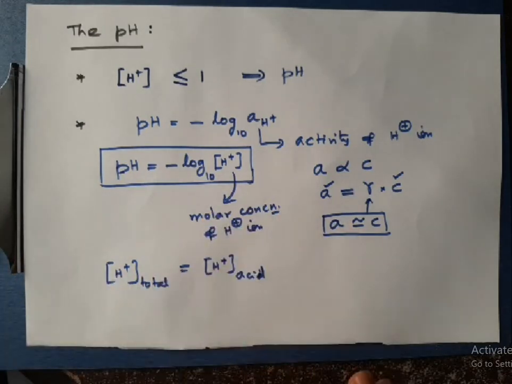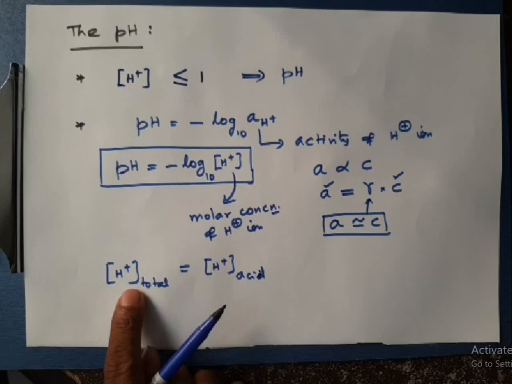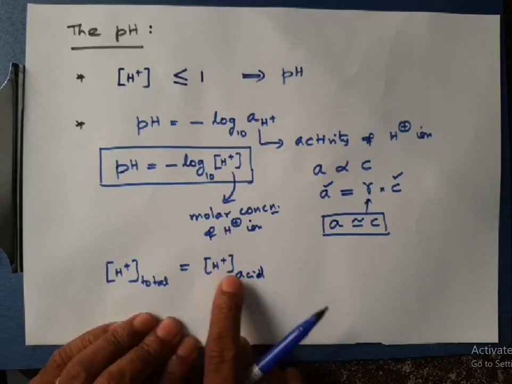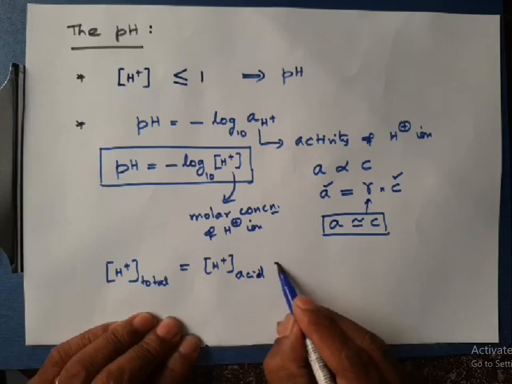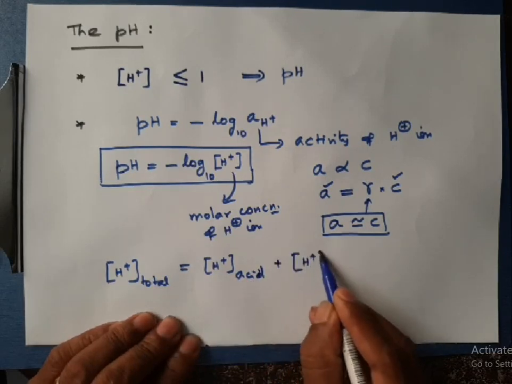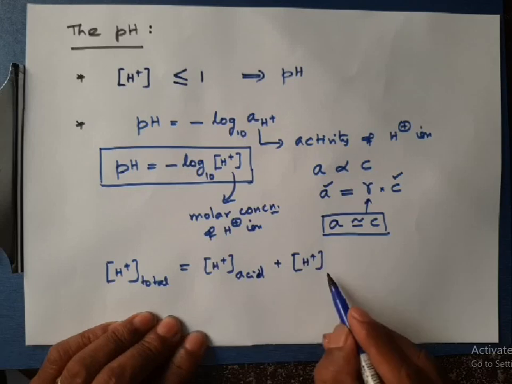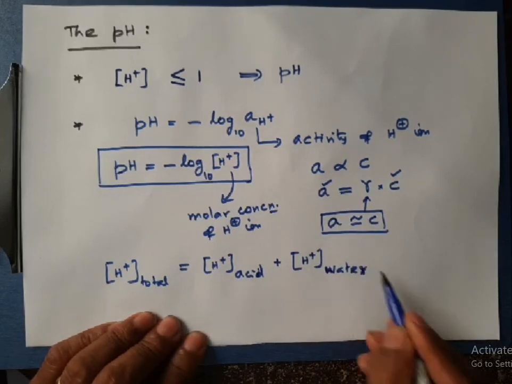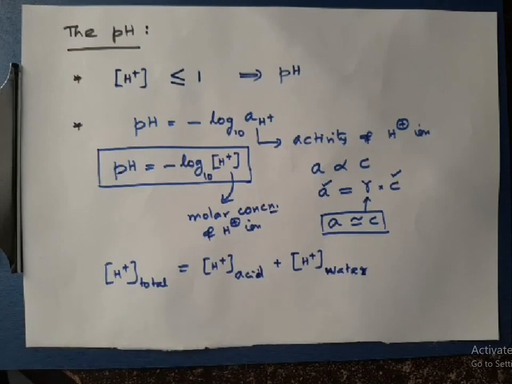So for a given acid, total H plus concentration is the H plus concentration from acid plus the hydrogen ion concentration from water, because water will also undergo partial ionization.